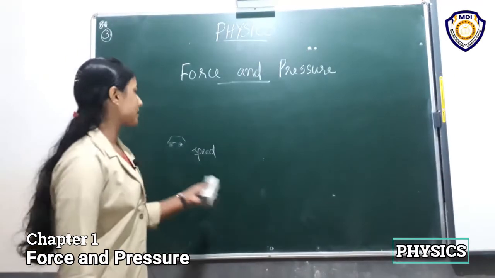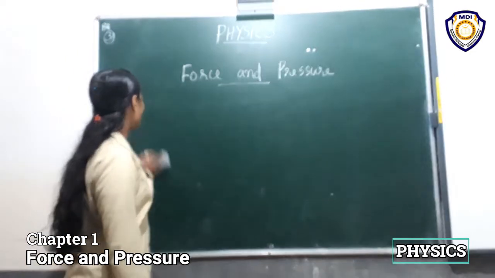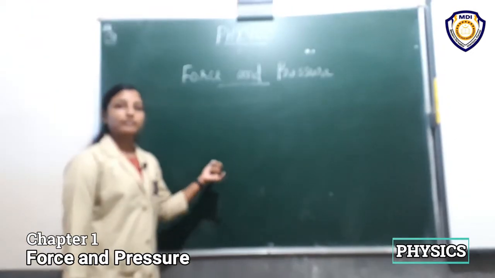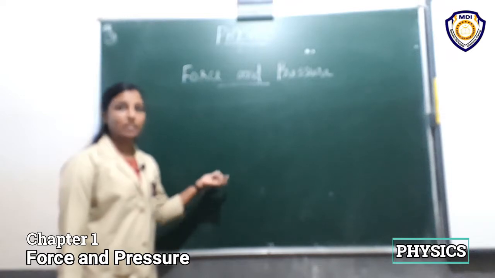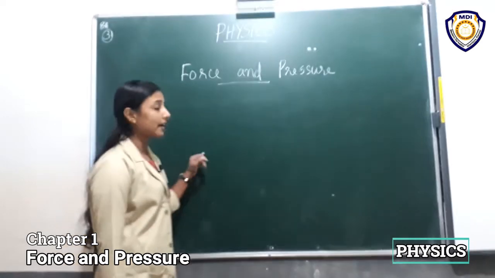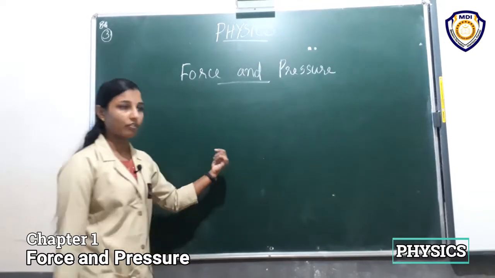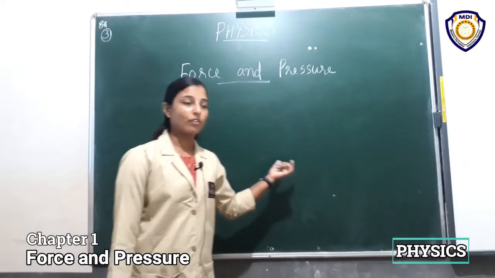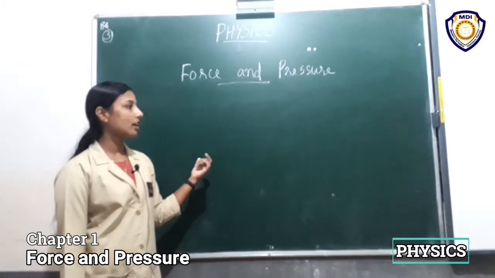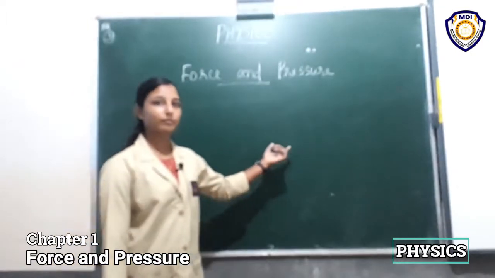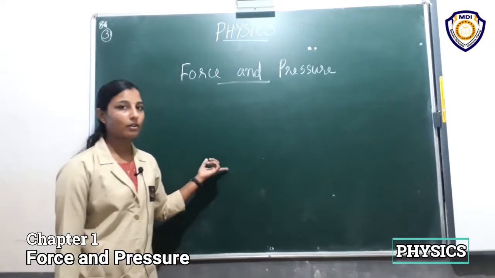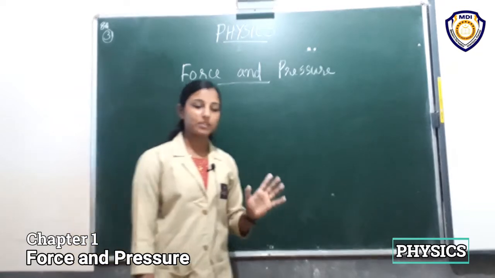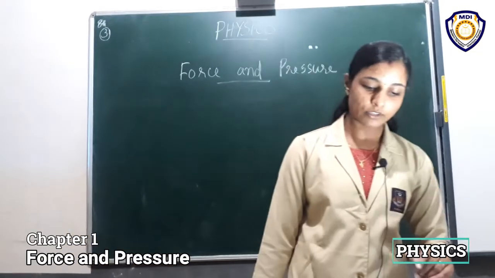These are some examples. When the speed of an object is 0, then we say the object is at rest. And if the speed increases by applying an external force, it will start moving, and then we say it is in the state of motion. We can also say the speed of an object increases while applying a force.